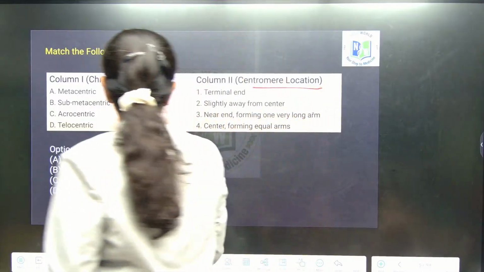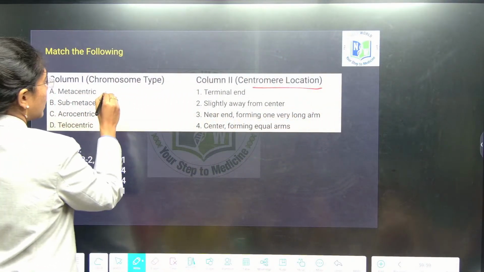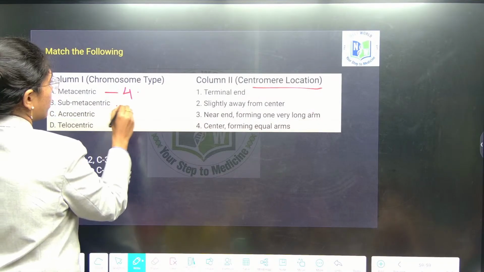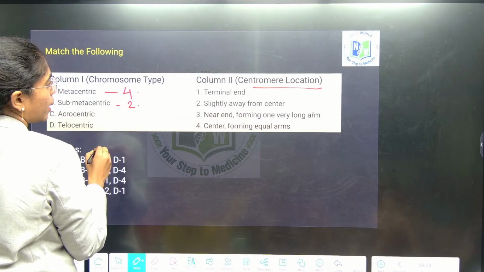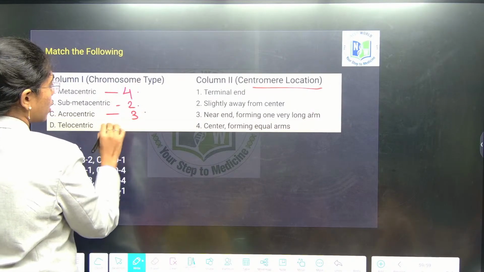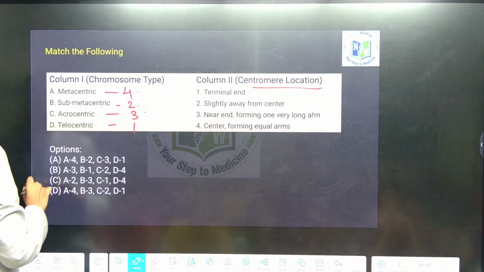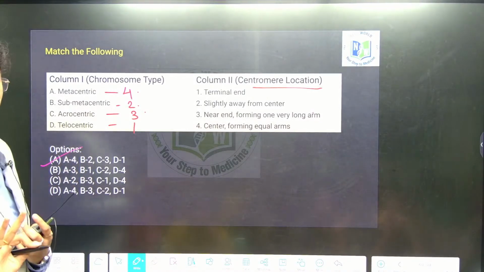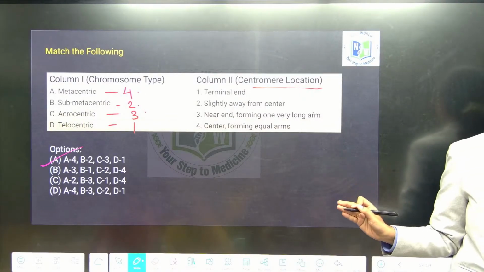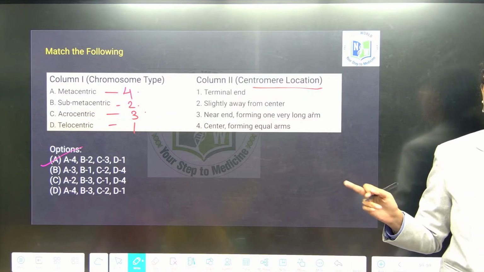Metacentric, centromere at the center. Submetacentric, acrocentric, telocentric. What is the option? Done. That's it. So with this the complete chapter is done. We'll move on to cell cycle in the next class.